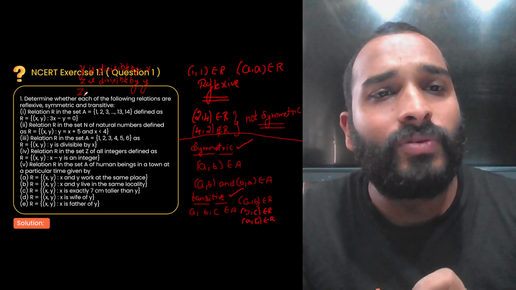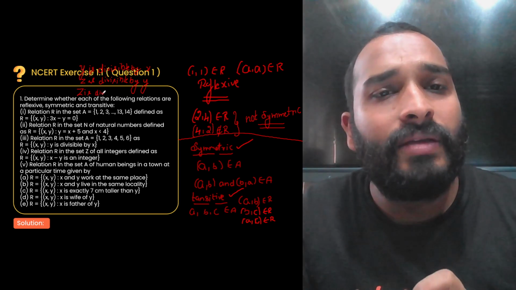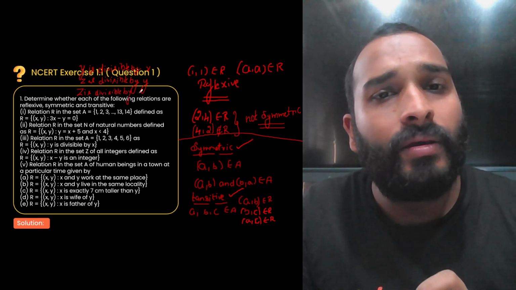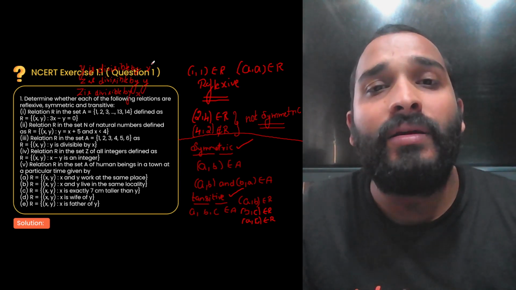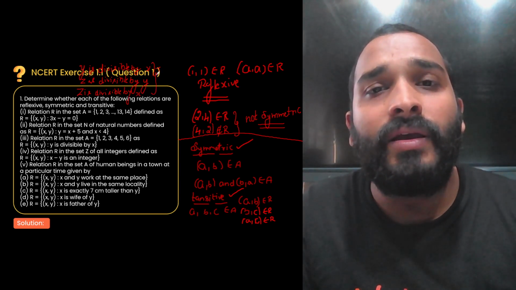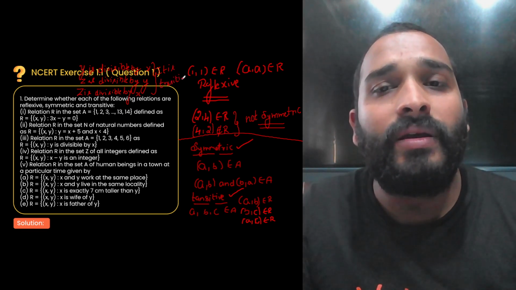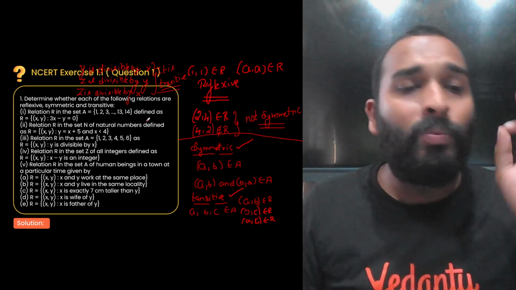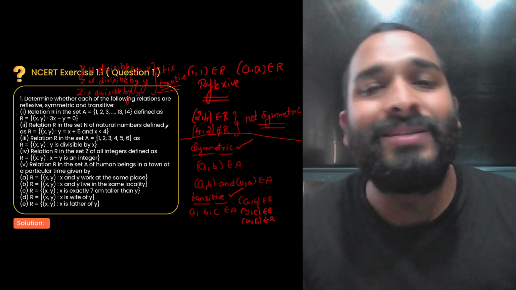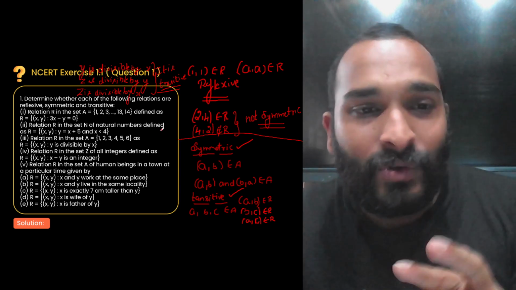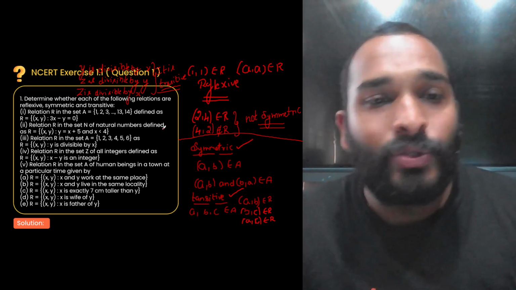So you can also write z is divisible by x. Hence, using these three conditions, it is transitive. Yes or no, students? It is transitive. I hope this is clear, children. It was an easy and simple question. So we have solved the sub question 1, 2 and 3.